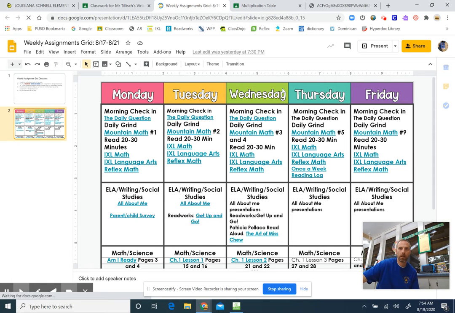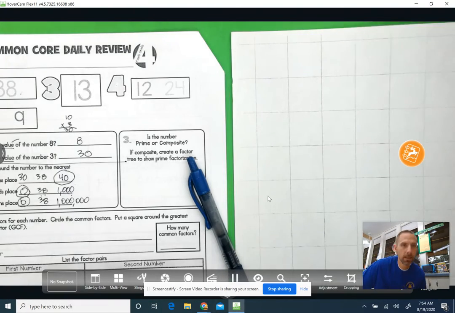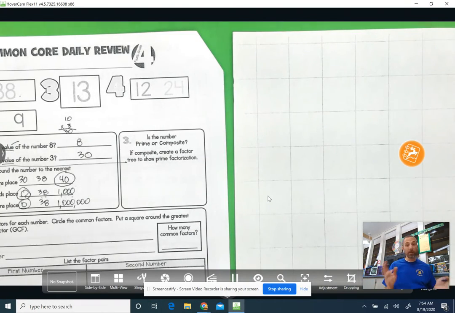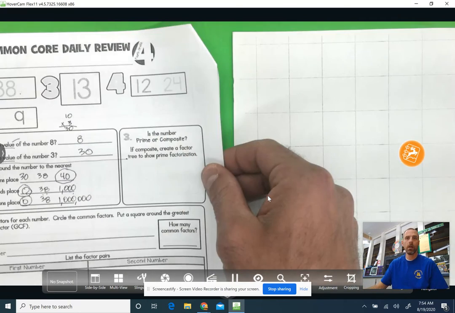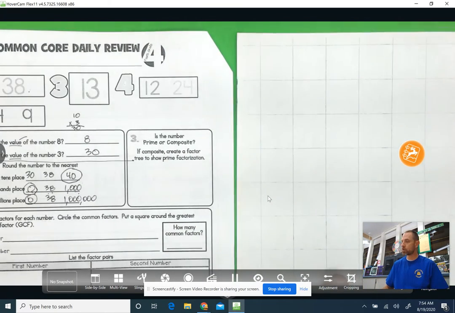Alrighty, here we are, and under Wednesday, green rectangle there, we have mountain math problems 3 and 4 today. So 3 and 4. 3 and 4 both have some new vocabulary for you, and we will start there.